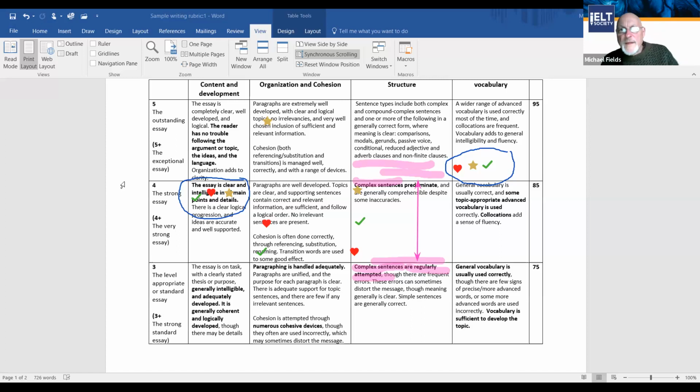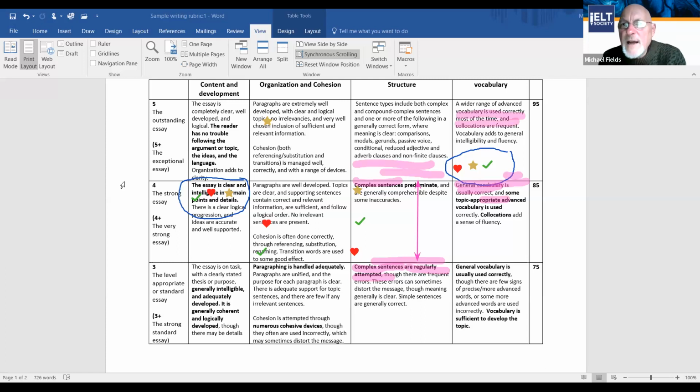Okay. One thing that I'll just point out, and you really don't have to agree with me, but in my reading of this, some topic appropriate vocabulary is used. Absolutely. Collocations we see. But then if we go to 5, vocabulary adds to the general intelligibility and fluency.